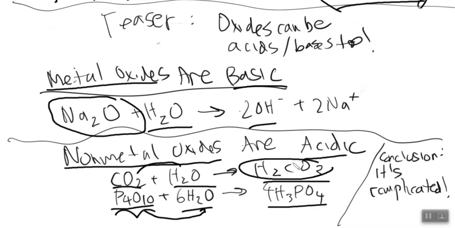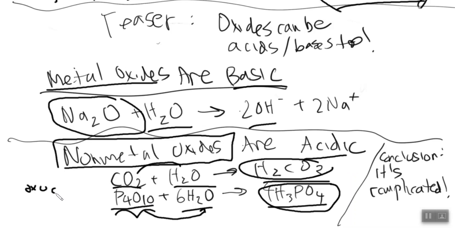You just know that it's going to form an acid with O's in it. So usually non-metal oxides will form oxoacids. They're acids that contain oxygen because they have to react with water, and water contains O. So it should have an O in the final product, which is why they typically produce oxoacids.